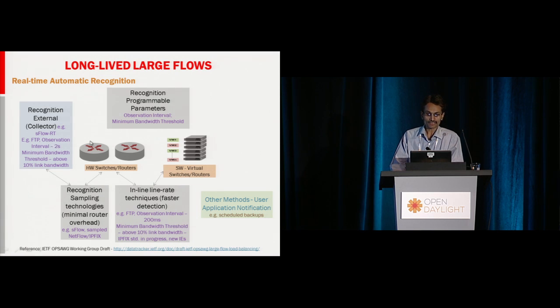Here the programmable parameters would be along the lines of, for example, if you want to reduce FTP traffic, around a 2 second observation interval, and a minimum bandwidth threshold of roughly 10% of link bandwidth. What is very interesting is that such sampling technologies are very amenable to long-lived large flow detection, because naturally sampling itself favors the big flows. It will automatically omit the small flows.